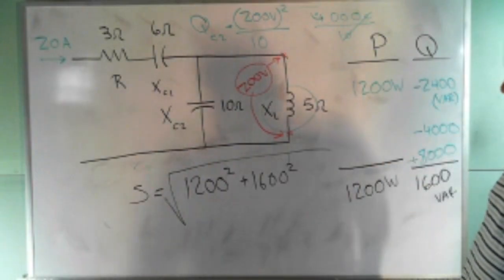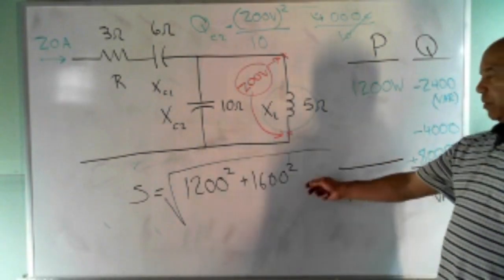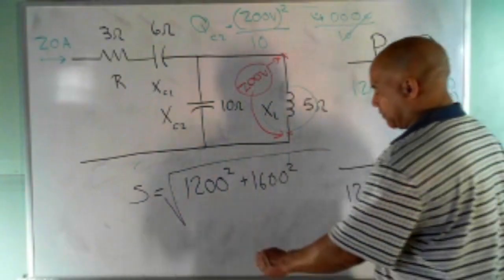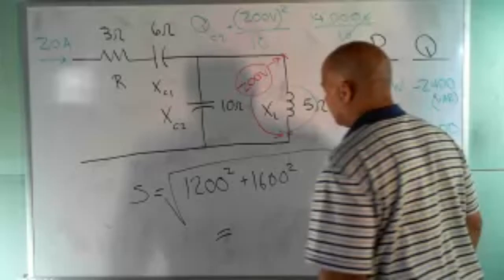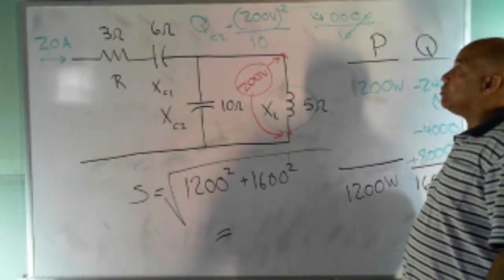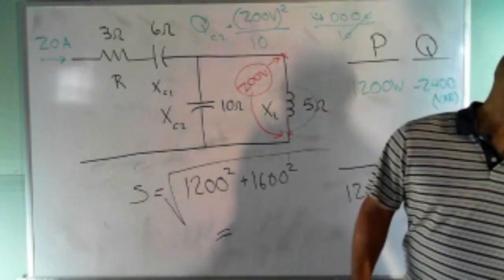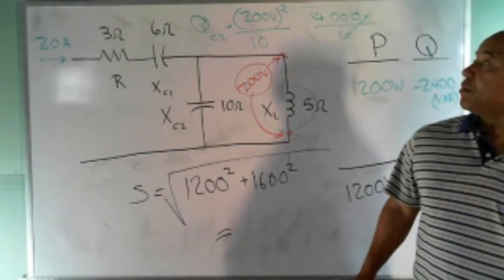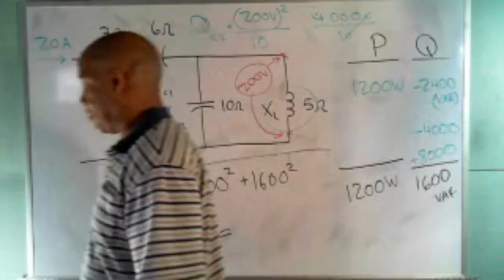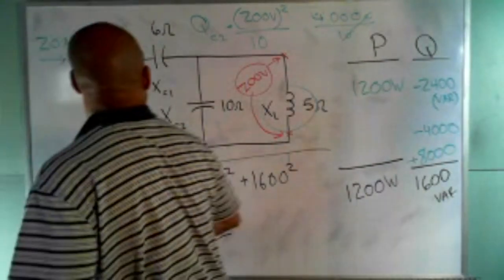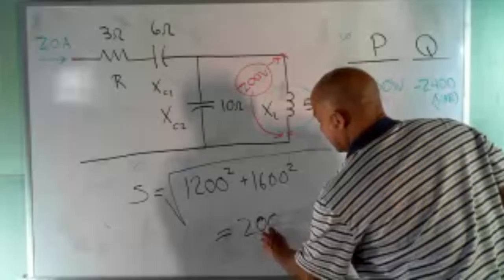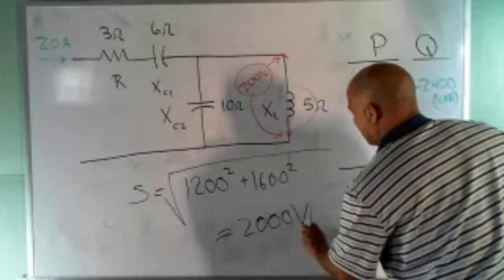I should practice what I preach. But if you do this, what do you get for S? 2,000 VA. 2,000 volt amps.